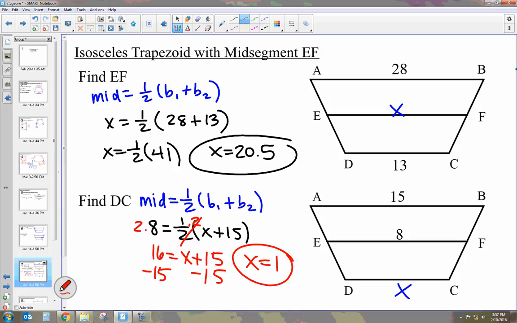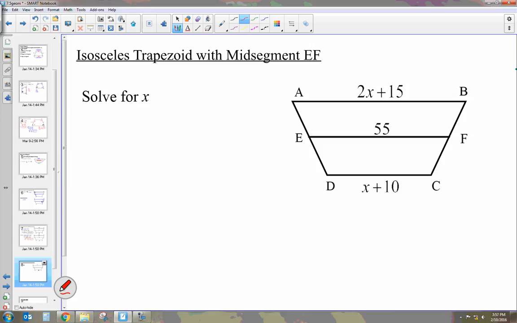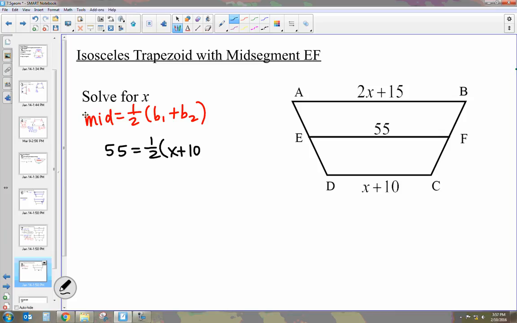Let's try one with a little bit of algebra. So let's look at our next one. Same thing here. We're solving for x, and I give you a midsegment, so we can write down our midsegment formula. Midsegment equals 1/2 times base 1 plus base 2. So now we're just going to fill in our information. Our midsegment is 55. 1/2 times base 1, we can say x plus 10, plus base 2, 2x plus 15. The first thing I'm going to do is get rid of this fraction. I'm going to multiply by 2. So I get 110 equals, that cancels, x plus 10 plus 2x plus 15.